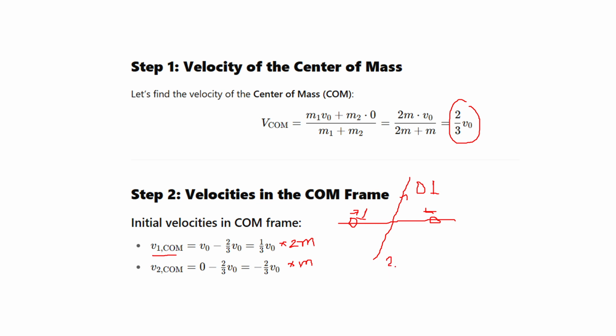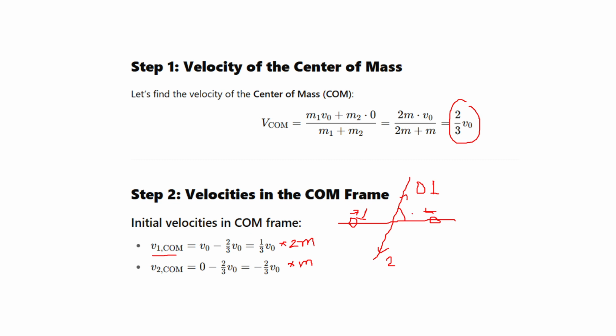Why just opposite? Because they have to preserve the net momentum equal to 0, and this gives us a chance to solve it in a very simple way.